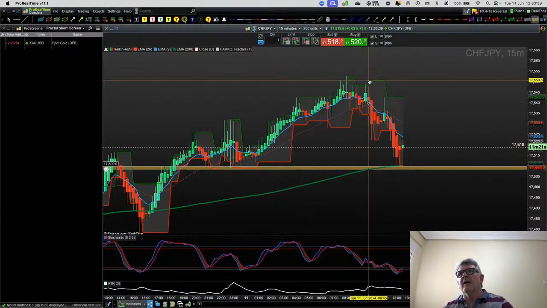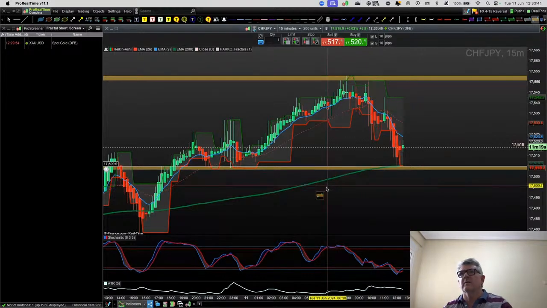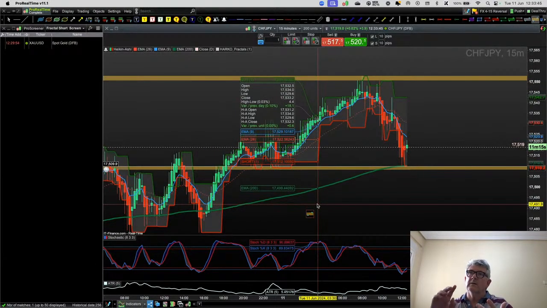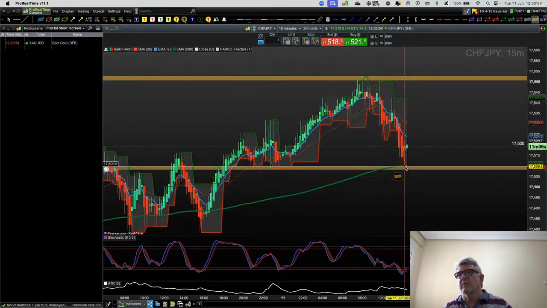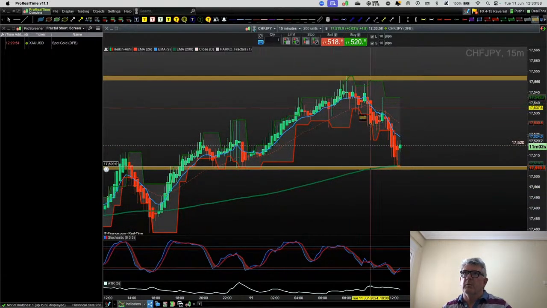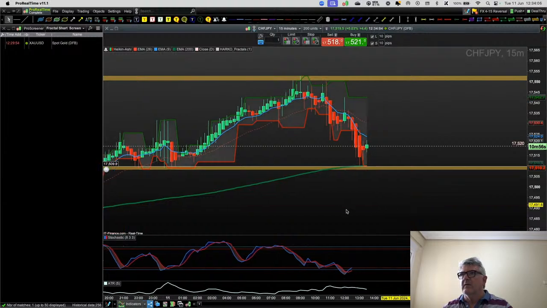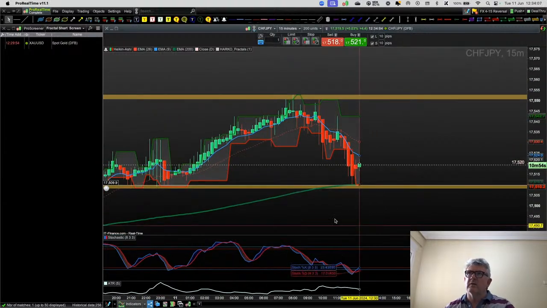And knowing that happens gives us a wee bit of advantage, especially when we know from the 1 hour, we know from the 4 hour, and all the time frames down to 15 minutes, this market is screamingly positive. This is only a phase wave pullback back down to the previous support level. So if you want to take this, it is a very high probability trade on a 15-minute bar reversal.